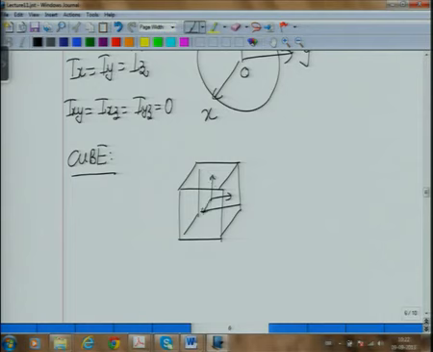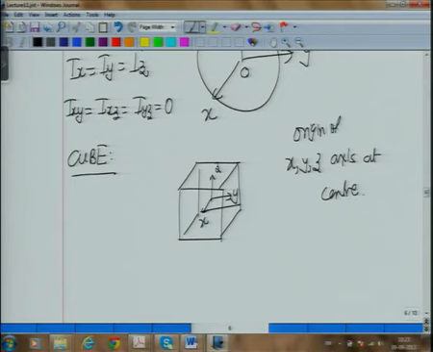And if I place x, y, z axes at the center, so origin of x, y, z axes are at the center and x, y, z are parallel to the cube edges.